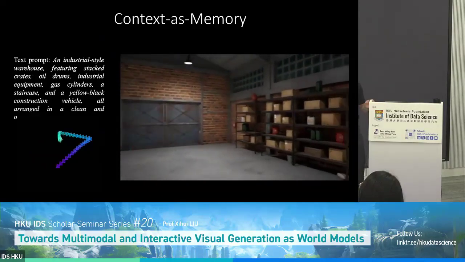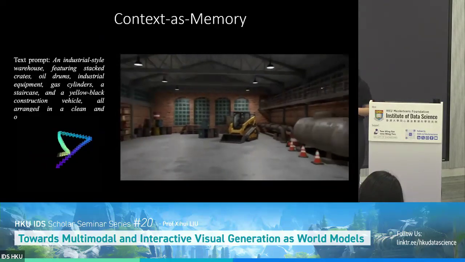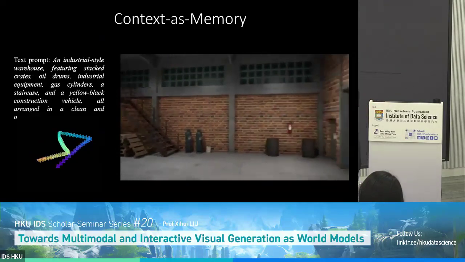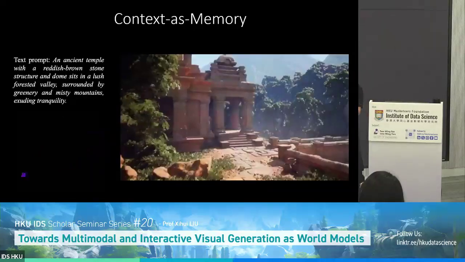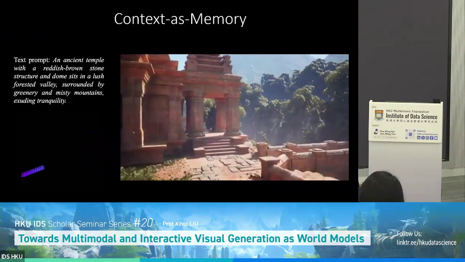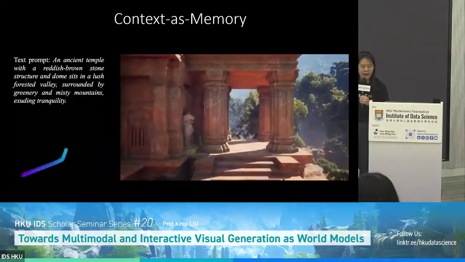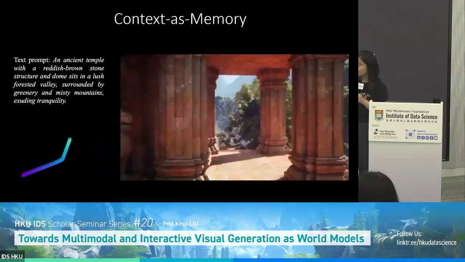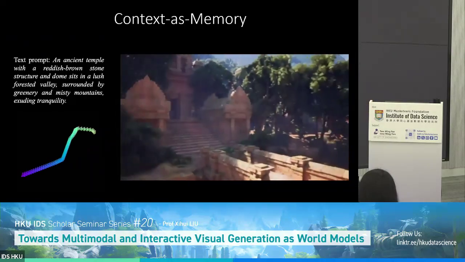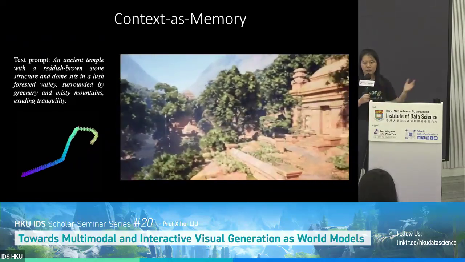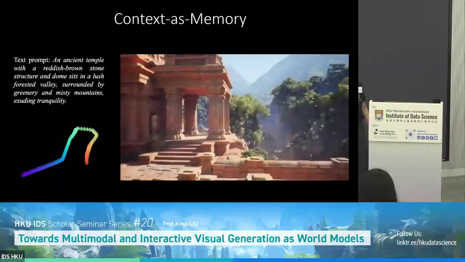If we are dealing with a dynamic scene, how do we update these memories? In these examples, on the left, we show the camera trajectory. The camera is moving around in the scene, but with our method, even if the camera moves back to the original point, to somewhere that it has already generated, the model is still able to generate the previous scene instead of generating something completely new.